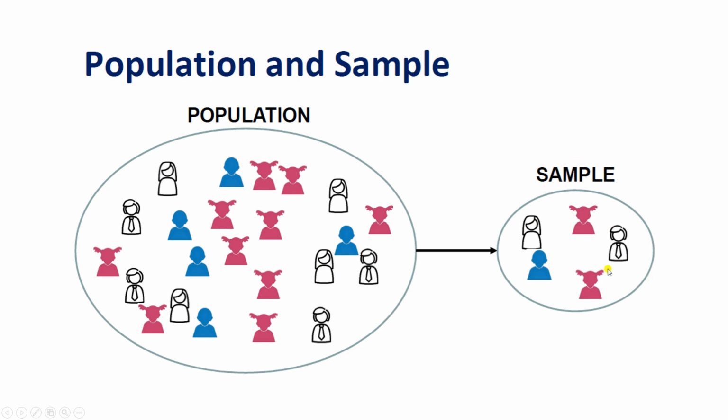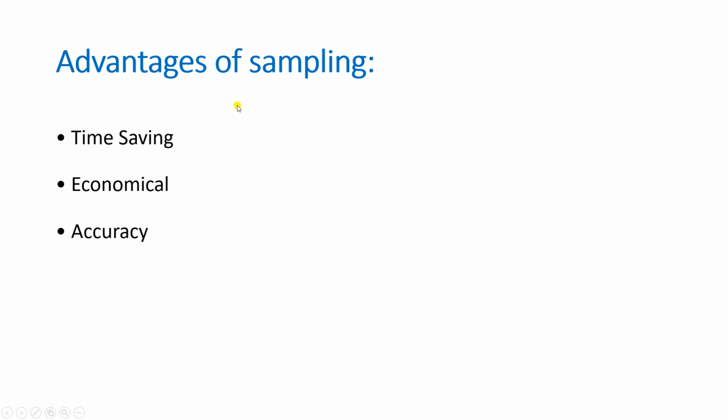Okay, understood. Moving on. What are the advantages of sampling? Why do you do sampling? First of all, time saving, economical and accuracy. So of course, if I measure the blood pressure of 100 students, it will be less time consuming as compared to measuring blood pressure of 1000 or 1500 students.